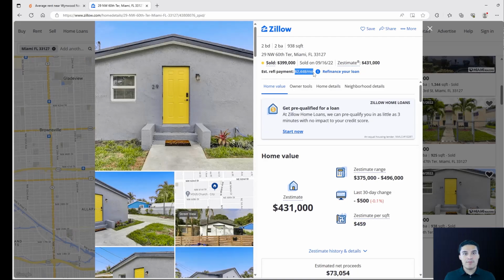Sometimes you're going to find properties in specific areas where you look at the asking price, let's say it's $399,000. We're going to use the same example, and the mortgage is $2,448. Right, this is an estimate. And then when you look at the average rents in that area, it's about $2,300. So you can't market that property to real estate investors.